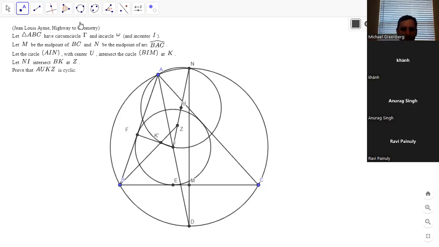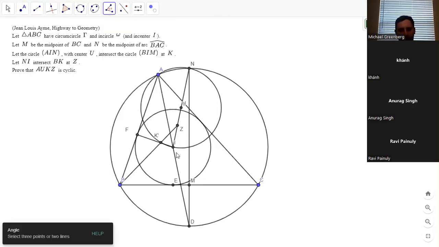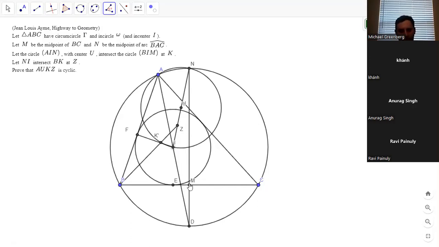DMI is similar to DIN, I think, right? So angle DMI is equal to angle DIN, actually. And maybe that would help.